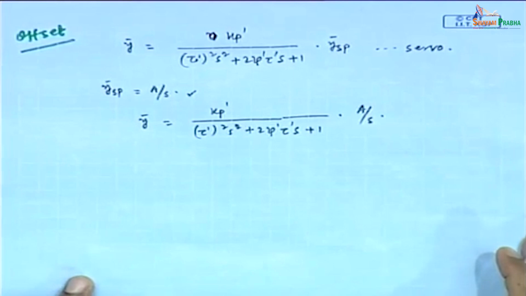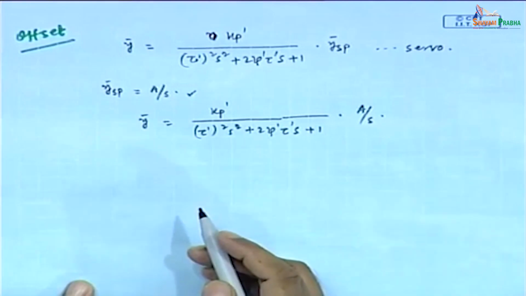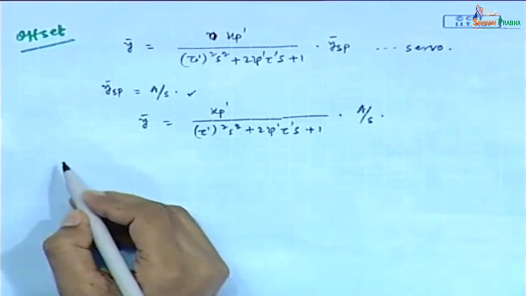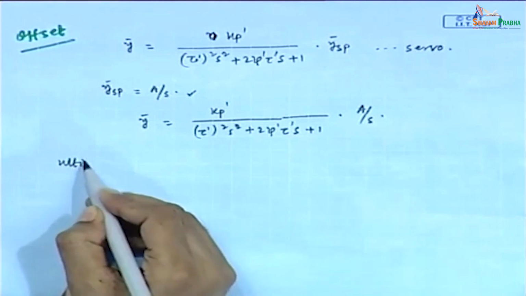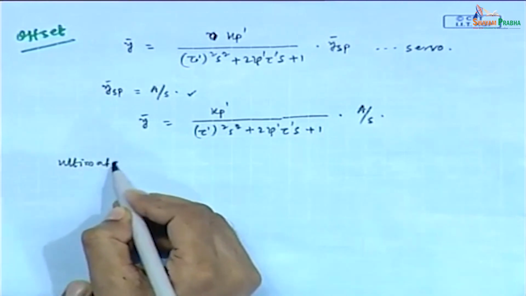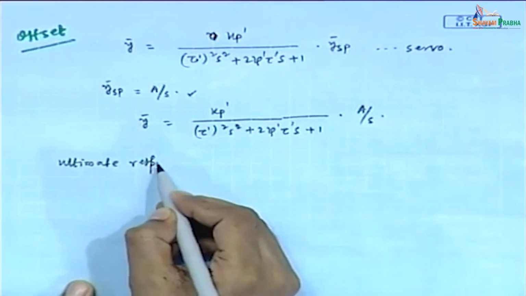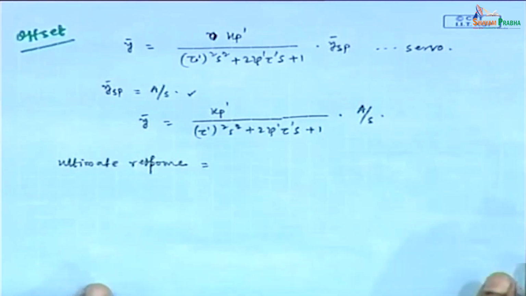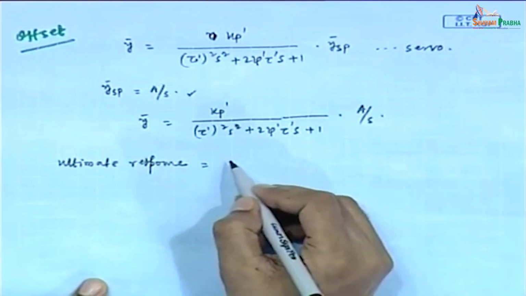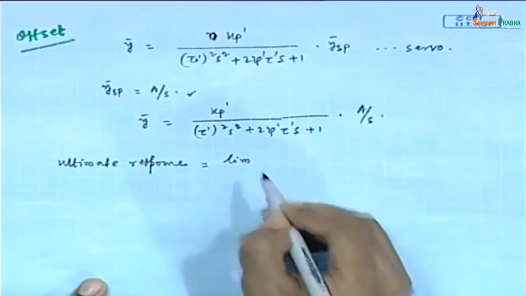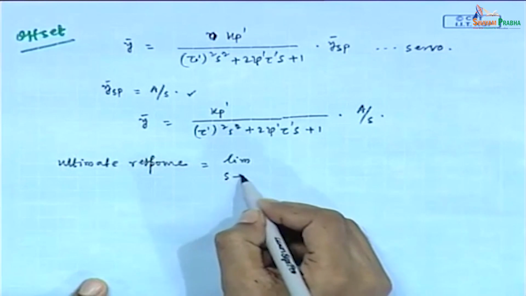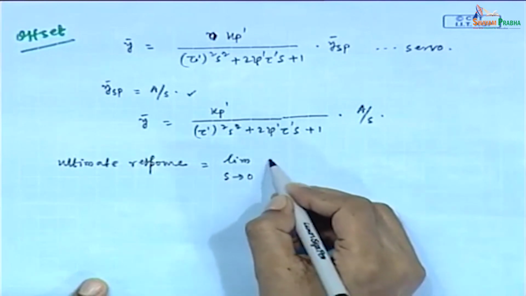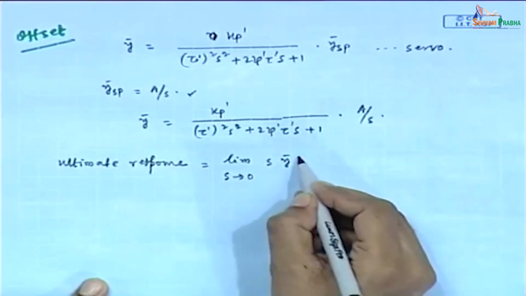Now according to the final value theorem, the ultimate response we determine as limit s tends to 0 of s y bar s.